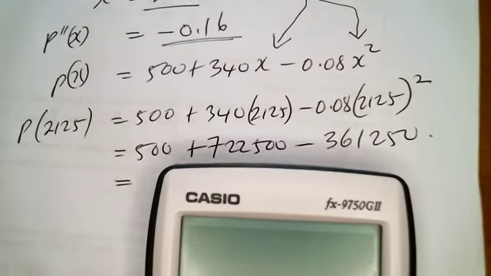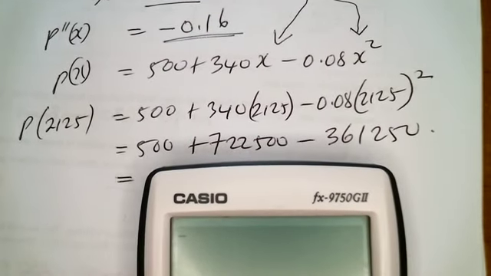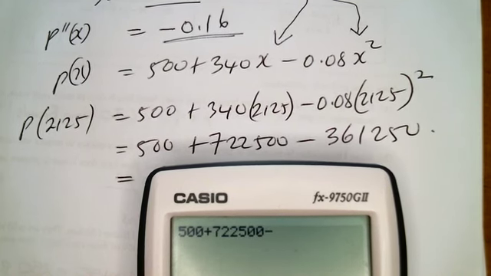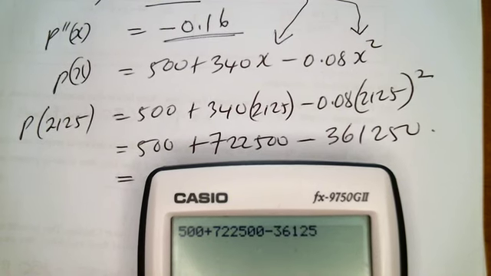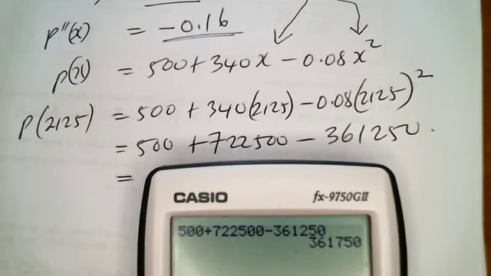So we've ended up with 500 plus 722,500 minus 361,250, and that gives us 361,750.